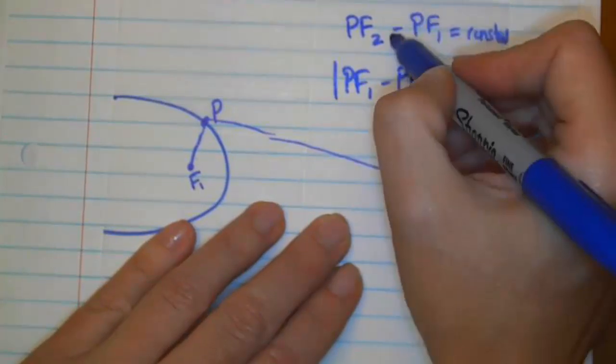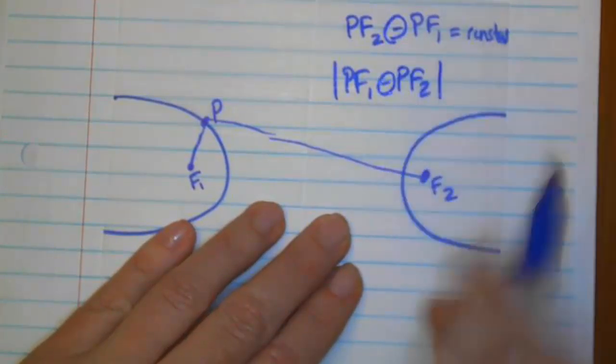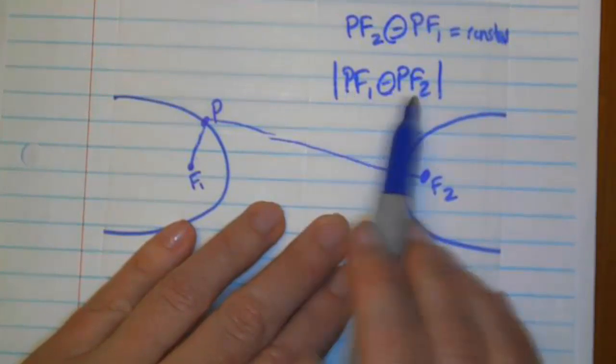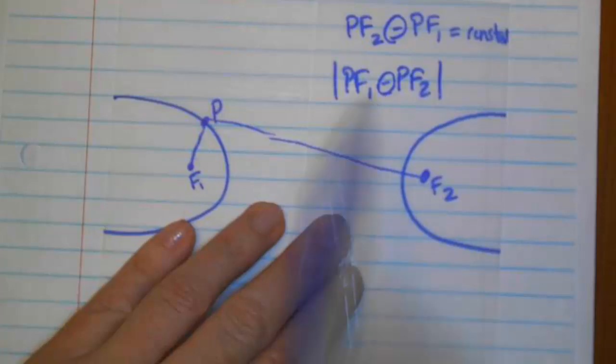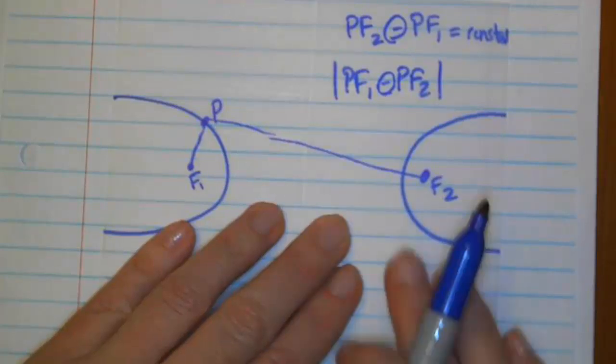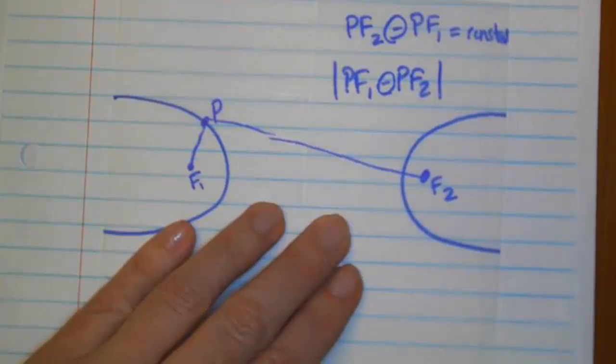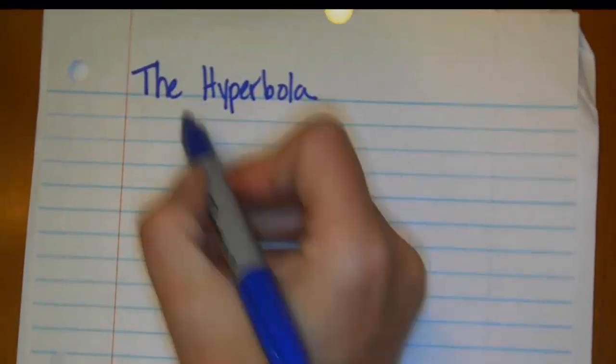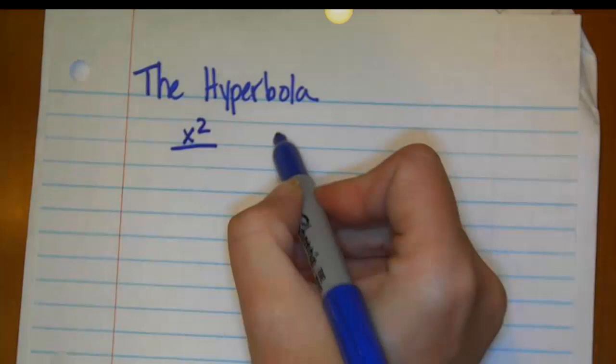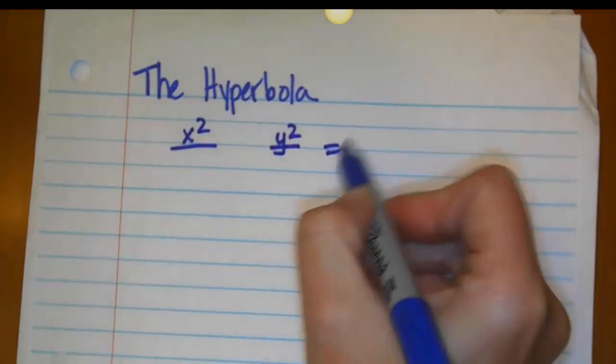So the idea here is there is a difference. When it was an ellipse, the sum was constant. In a hyperbola, the difference is constant. And hopefully this will make sense when we start talking about the standard forms of a hyperbola. So here we go. What is similar to the ellipse is that you have some type of x squared, your y is also being squared, and it equals 1.